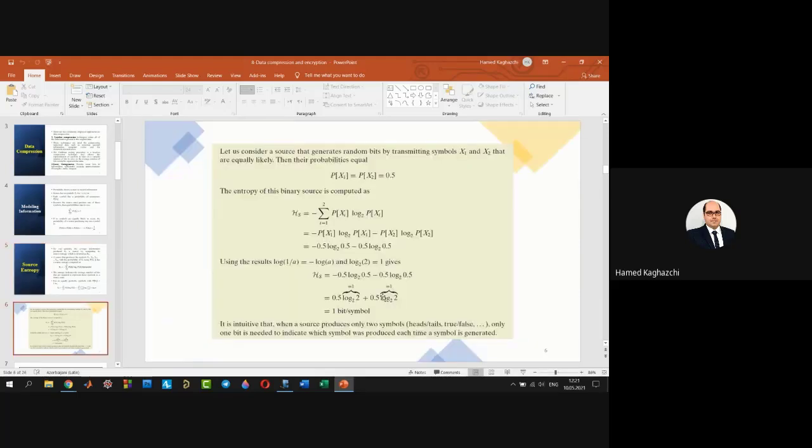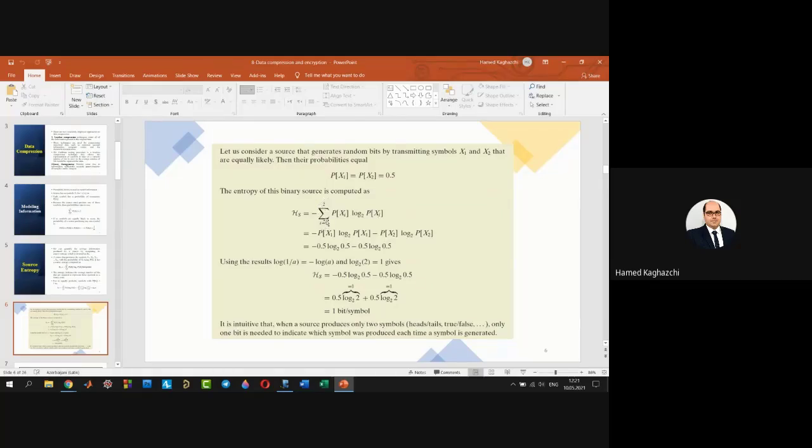Now look here. Consider the source generates random bits x1 and x2. P(x1) and P(x2) are the same and equal to 0.5. For calculating the entropy of the source using this formula, my M is 2.